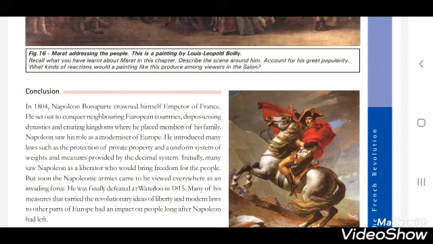So the French Revolution not only became a revolution in France but also outside France, and it inspired other countries to fight for their rights. So we have covered the first chapter of history, the French Revolution.